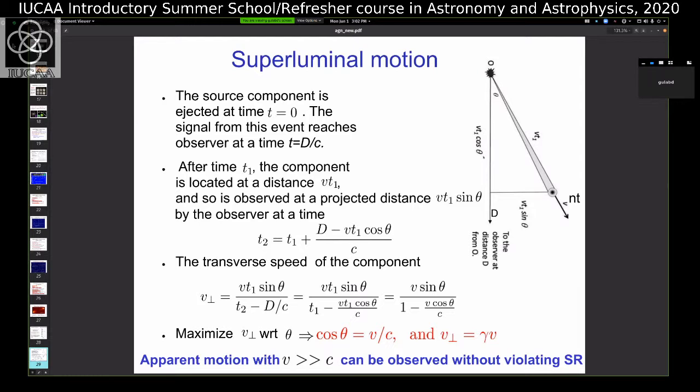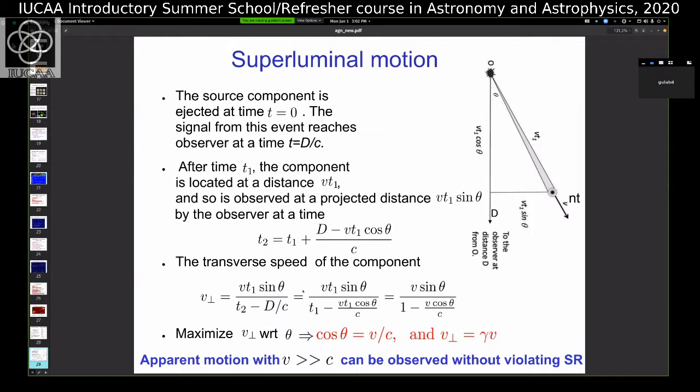So you subtract that from the actual distance: d minus v t1 cos theta, divided by c. Therefore the transverse speed of this blob would be v t1 sine theta, that is the projected separation, divided by the time difference between t2, when the observer comes to know that the blob has moved this transverse distance, and d by c, when the observer knows that this blob was ejected.